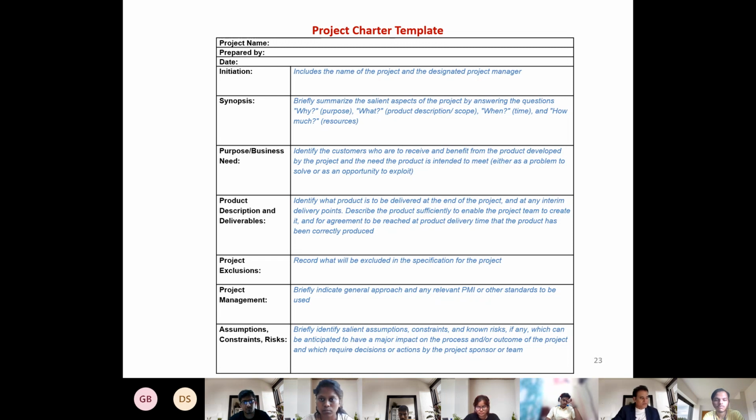Project exclusion. Now this is very important. This is something you're learning because you're attending this course. Most people do not know how to write a project charter or project plan or project scope, because they do not know it is important to articulate what is not included. For example, when you buy a cheap budget airline ticket, they very clearly say this does not include a meal on board.